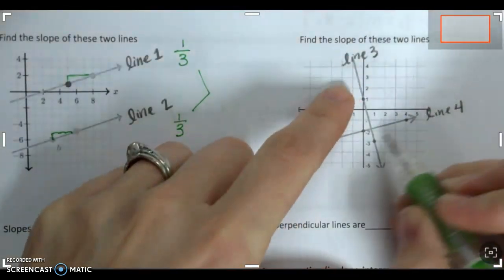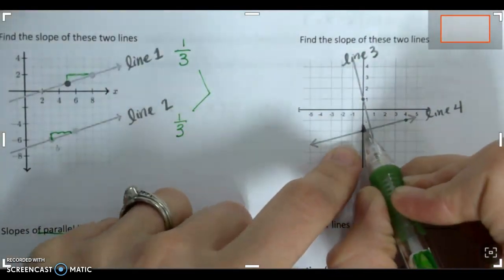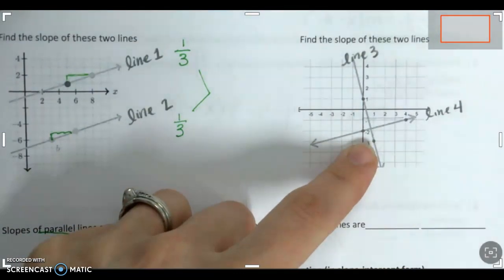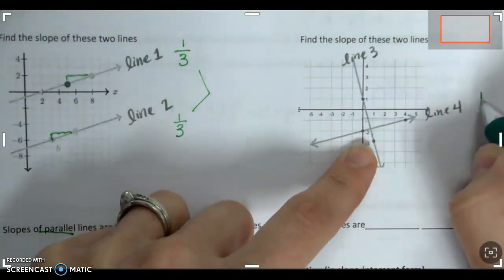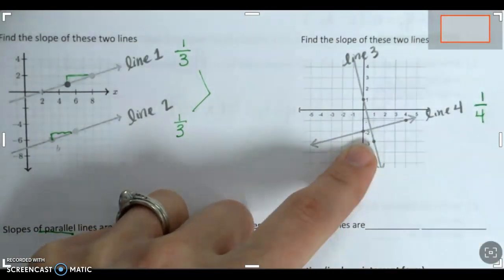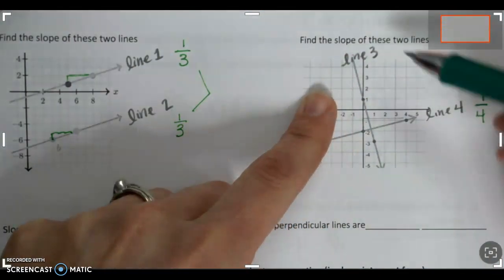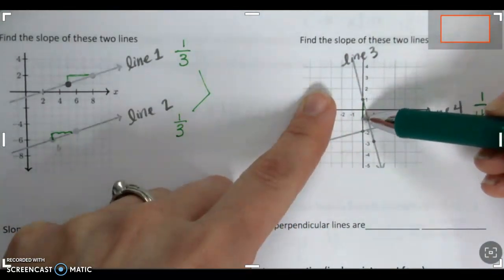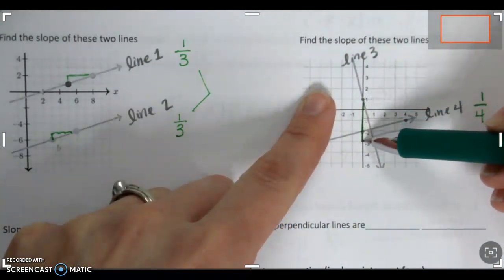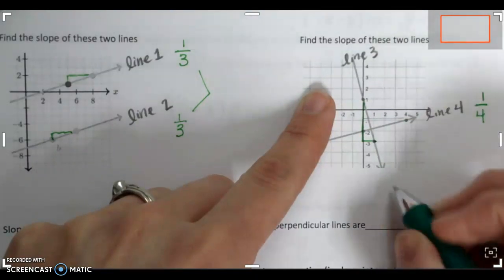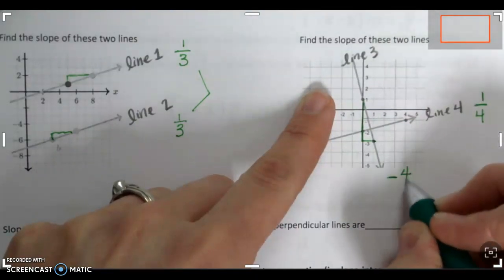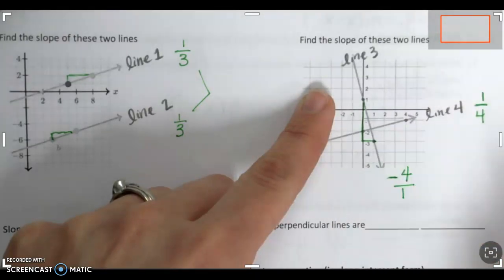The slope of line 4, check your slopes, should have been up 1 over 4. How'd you do? This one has a slope of, I'm going to count it for you, down 4 over 1. This one's slope was down 4 over 1.